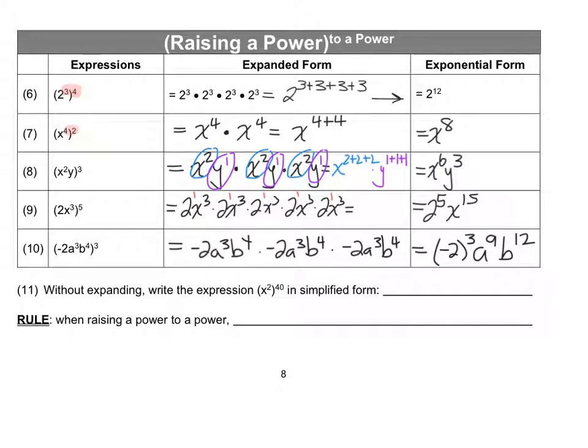What's going to be the result of x squared to the 40th? X to the 80th. So when raising a power to a power, you multiply the exponents.